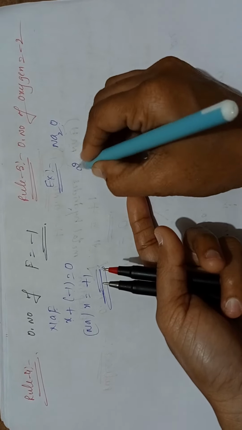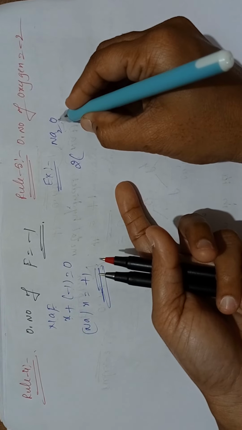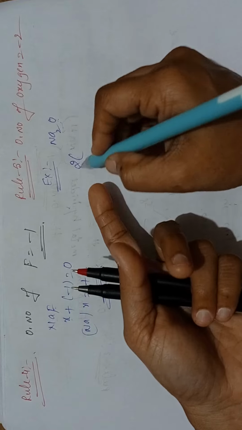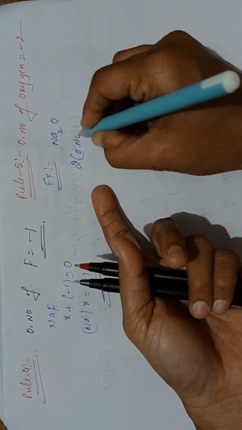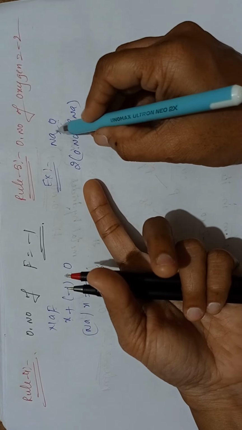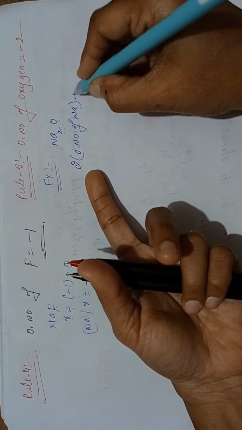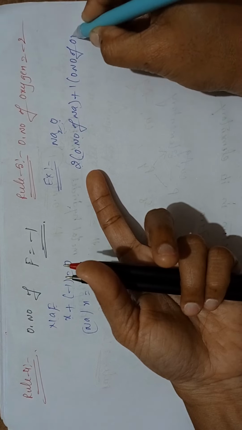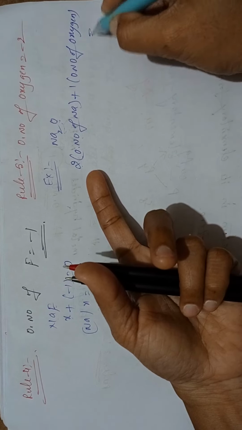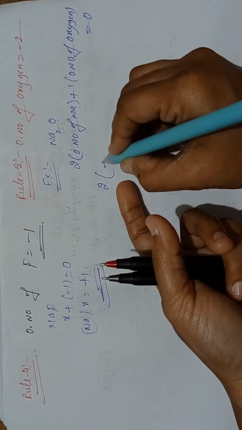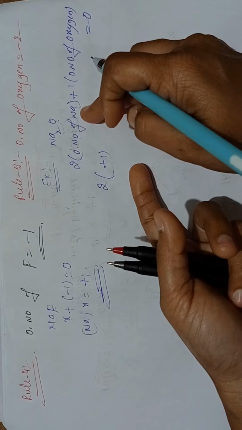Two sodium atoms are there, so 2 into the oxidation number of sodium, plus 1 oxygen atom into the oxidation number of oxygen, should equal 0. Clear? The oxidation number of sodium is +1 because it is a first group element.